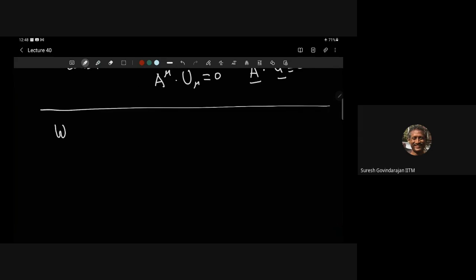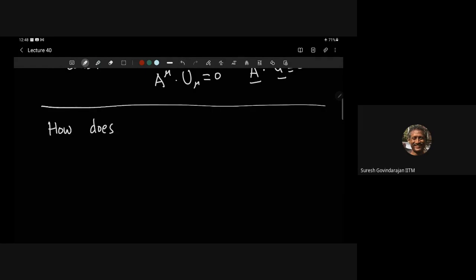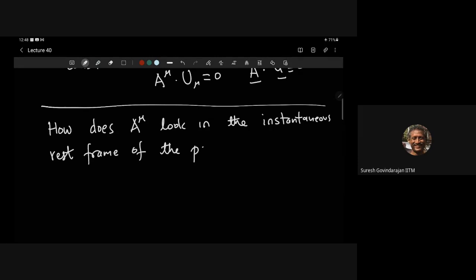How does the instantaneous rest frame... so I'll leave it.